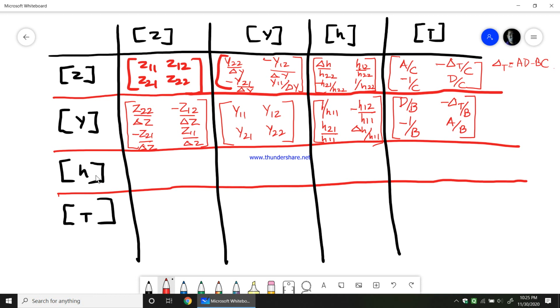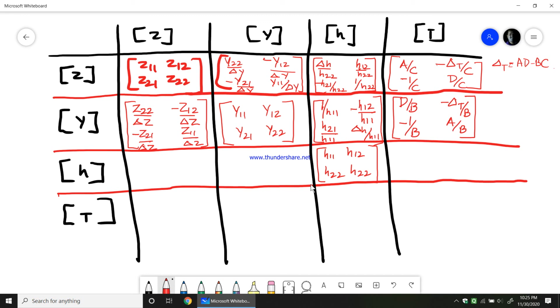Now if you try to derive H in terms of H, you will be getting H11, H12, H21, H22. Whereas H in terms of Z, which we derived just now, we will try to put that table now.